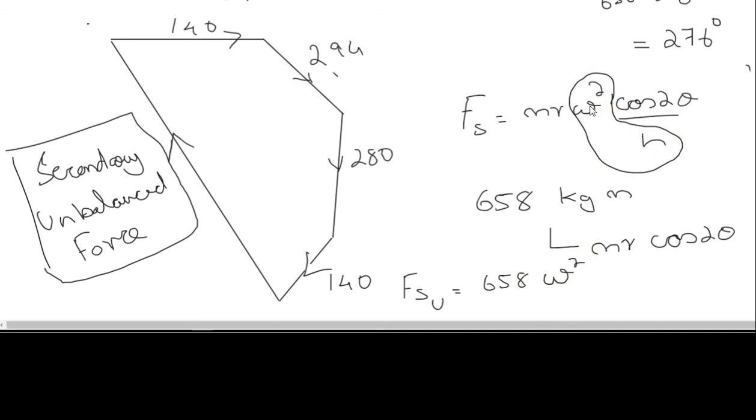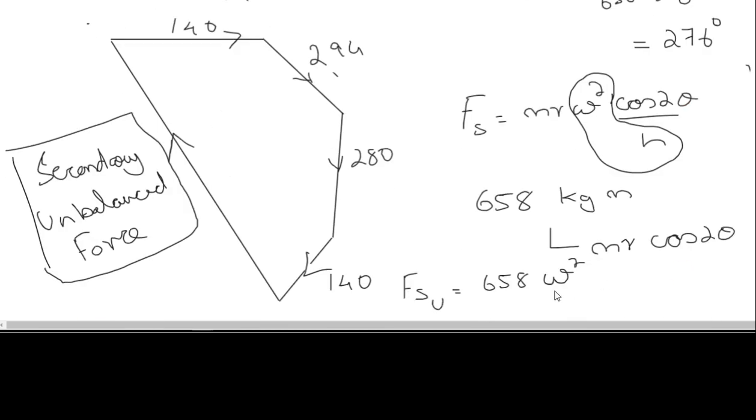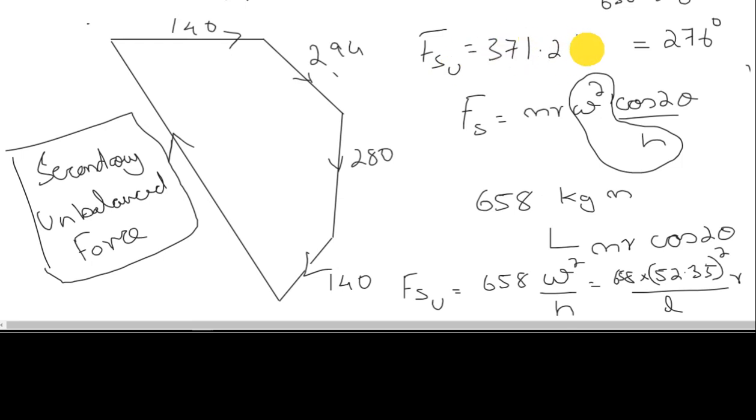We have divided by omega square to find the force, and n is not included yet. Omega we have already found as 52.35 earlier, so 52.35 square divided by n. n can be found out by L into R. If you do it properly, you will get Fs unbalanced as 371.2 kilonewton. This will be the unbalanced secondary force.